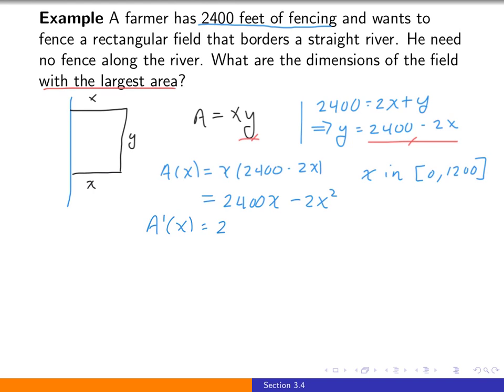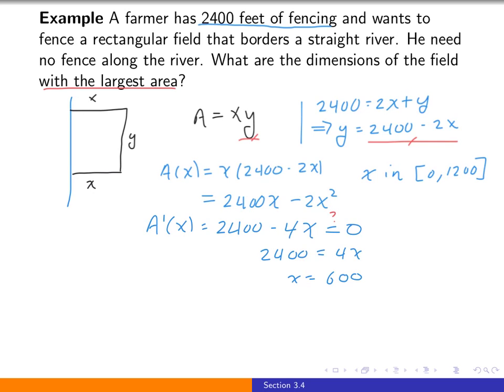A prime of x is 2,400 minus 4x, and I would like to know where this first derivative is equal to 0. So 2,400 is equal to 4x. So x is equal to 600, which is our critical point.